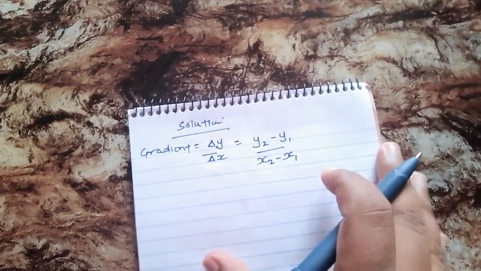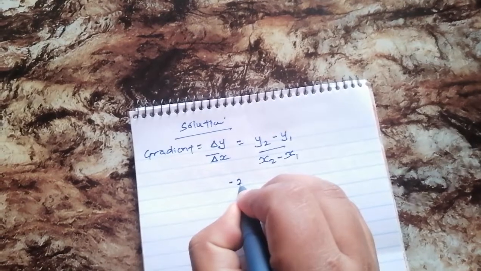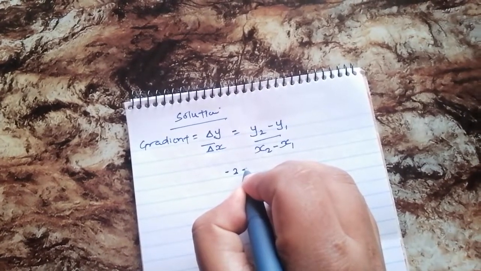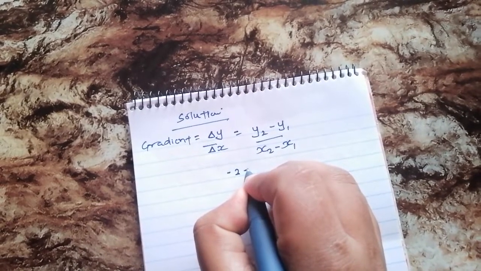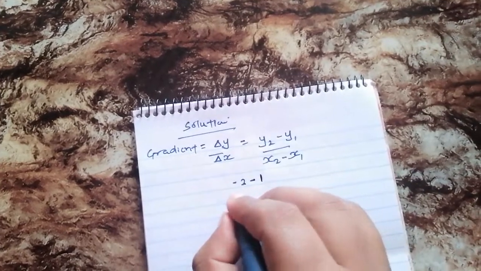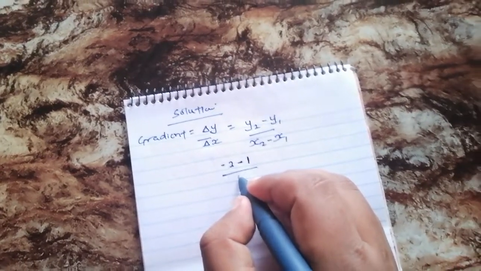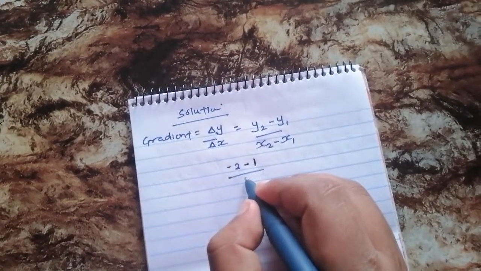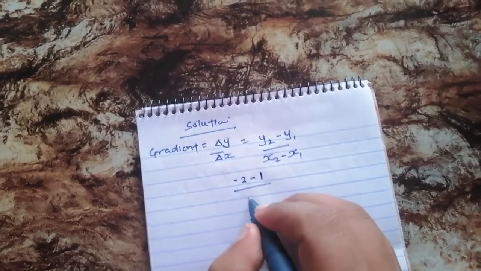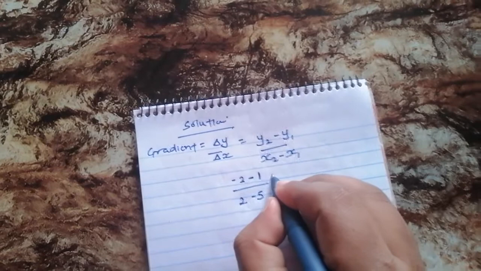So here we have our y2 is -2, and then minus our y1, which is -1, and our x2 is 2 minus 5.